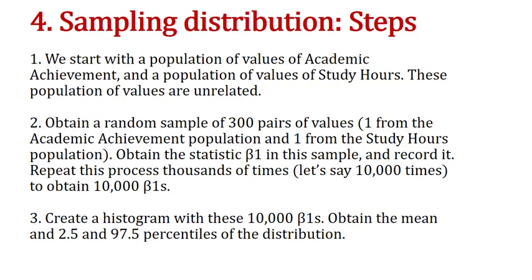After doing that, we'll repeat that thousands of times, let's say 10,000 times, and so we obtain 10,000 samples of 300 pairs of values, and then we obtain the beta 1 statistic in those 10,000 samples. So now we've got 10,000 beta 1s, and we can create a histogram with those beta 1s and obtain the mean and the 2.5 and 97.5 percentiles of this distribution.